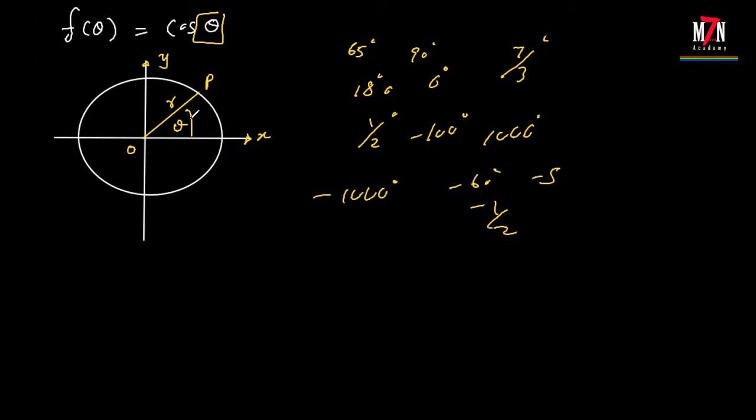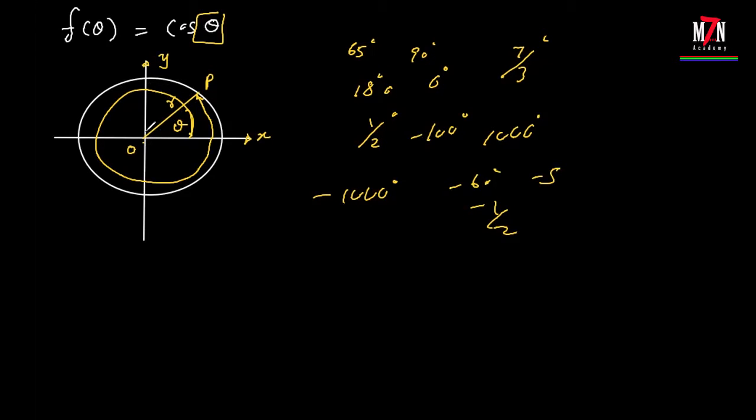Why? What's the reason for that? Because we are substituting values for this angle theta. So this theta can be any value in this direction, that means the anti-clockwise direction, where the value is positive. In this direction you can have any value, it will never end.